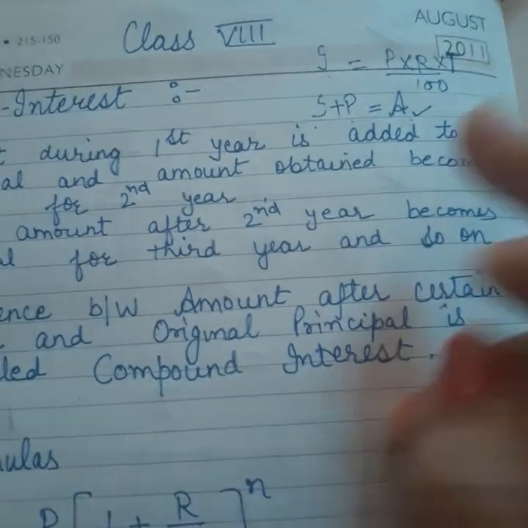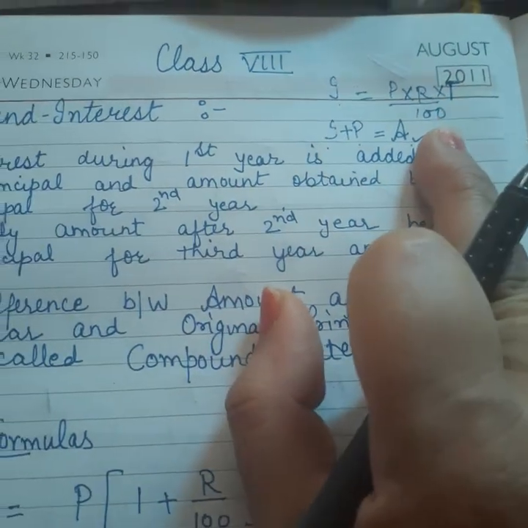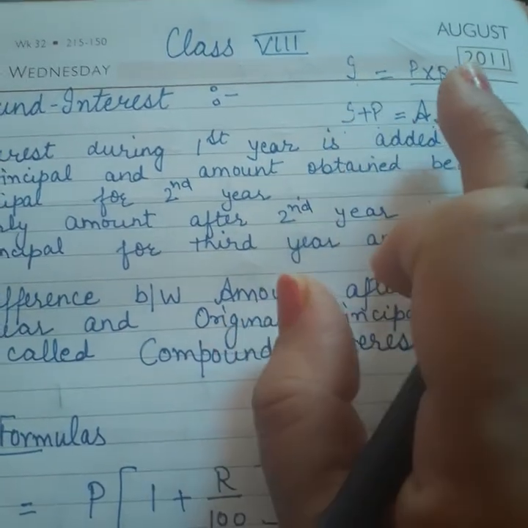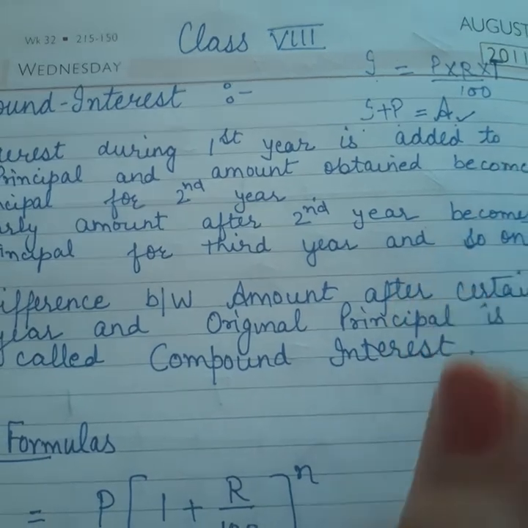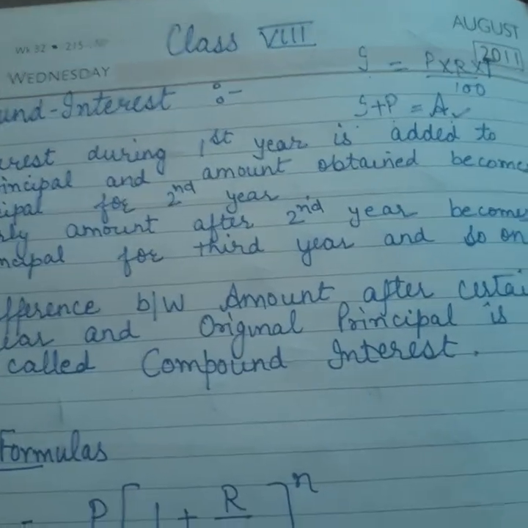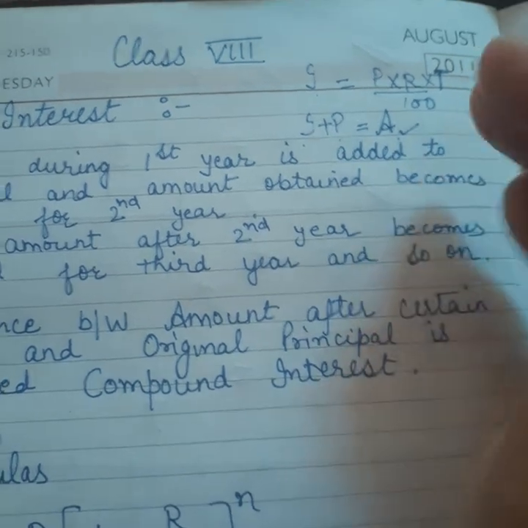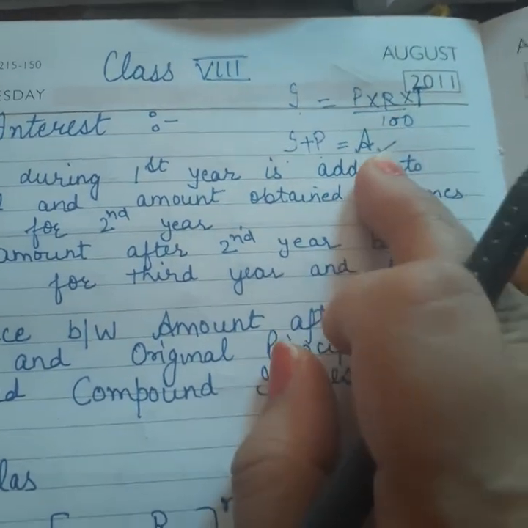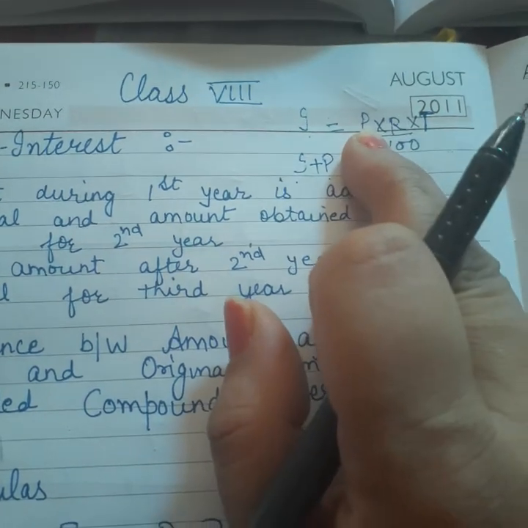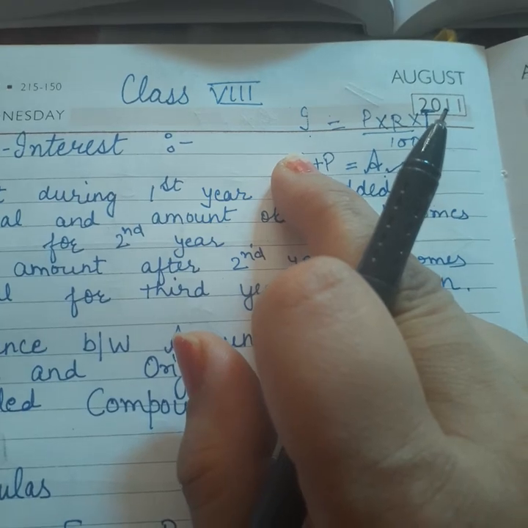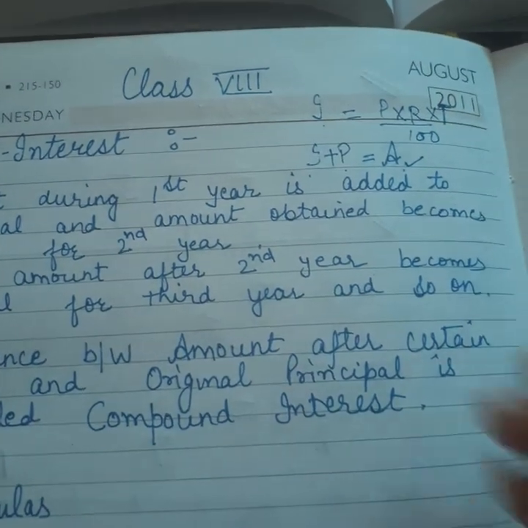Then again we apply the formula of interest P into R into T by 100, and after that add the principal to the interest, we get the next amount for the second year. And that amount becomes the principal for the third year. Again we find the interest by taking the principal as the amount we got in the second step.